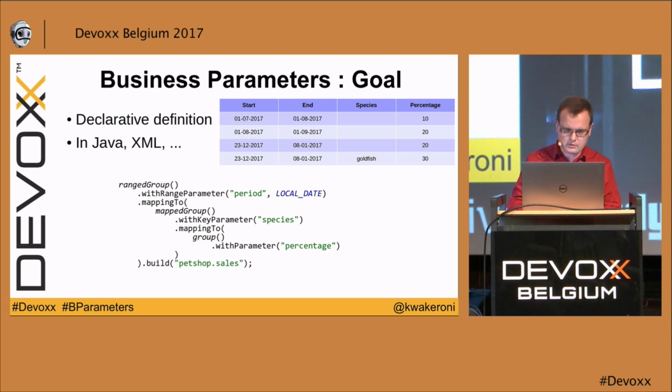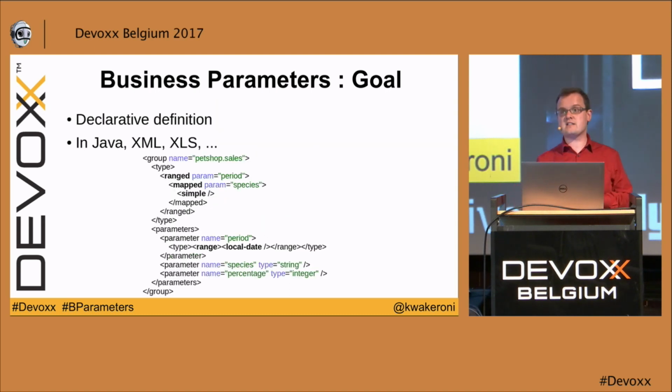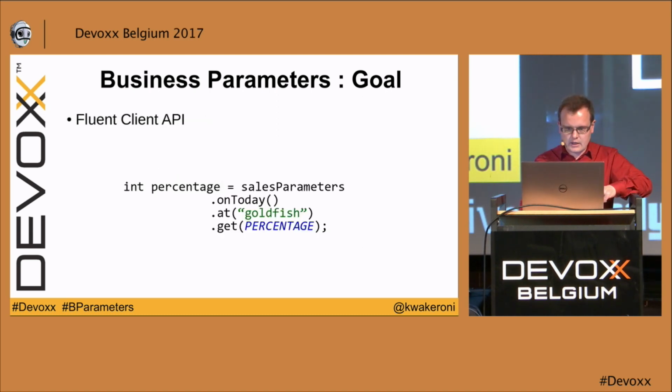We also want to make it possible to specify that, for example, in XML. I know it's not popular anymore, but we want it to be able to be specified in anything, because it's business parameters. So you might want to use Excel, because business people are mostly confident in Excel, so they might want to specify it in that. And then that's for the definition part.